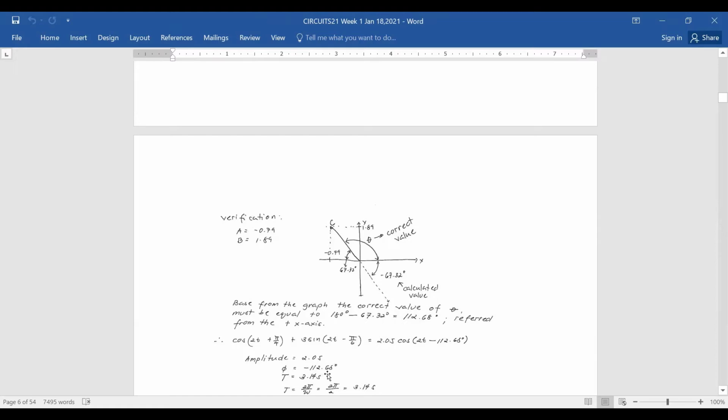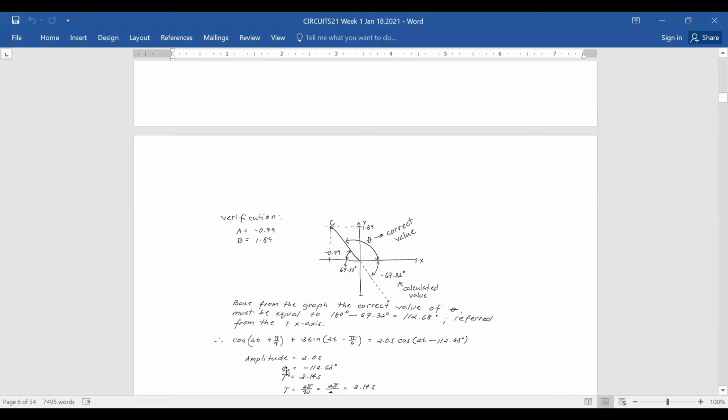How do you know that the sign is negative, not positive? Because by formula, A cosine omega t plus B sine omega t is C sine of omega t minus theta.